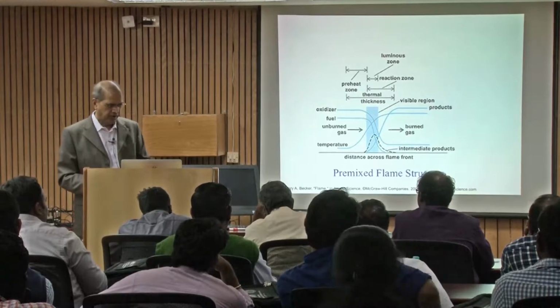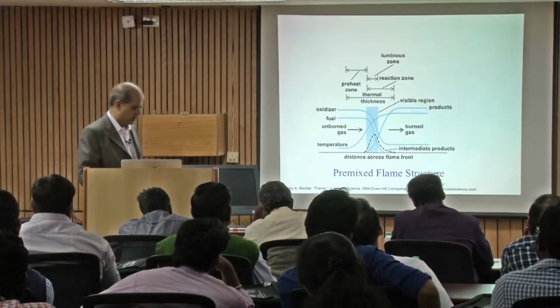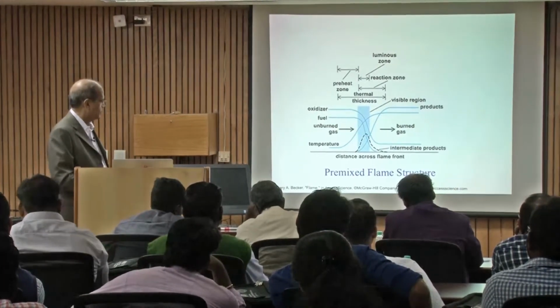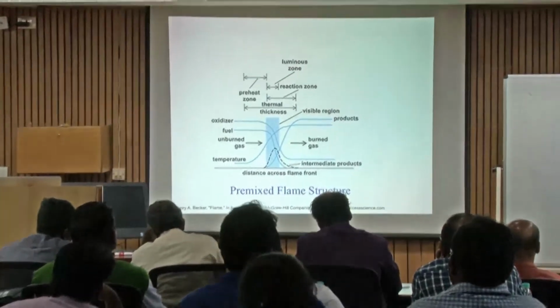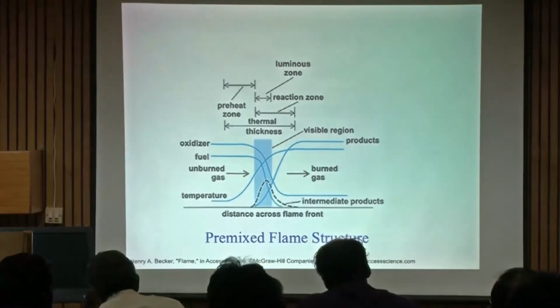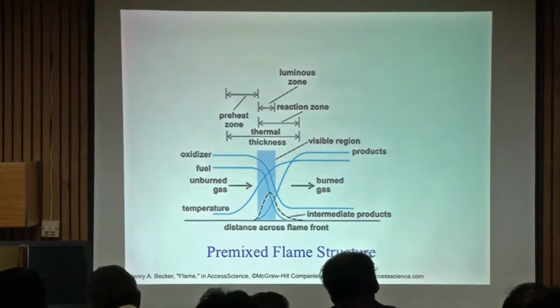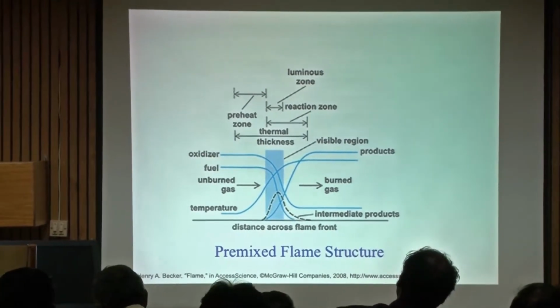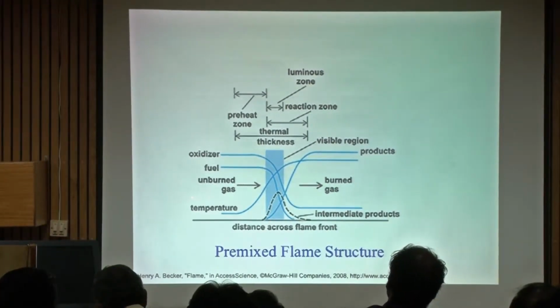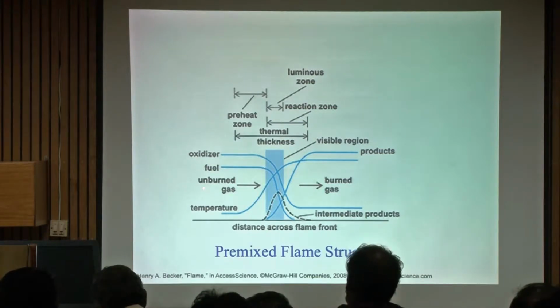Now this is just a cartoon of a premixed flame, showing the flame structure. Earlier I was showing the diffusion flame, so now the premixed flame. In this case it is almost like a one-dimensional flame.